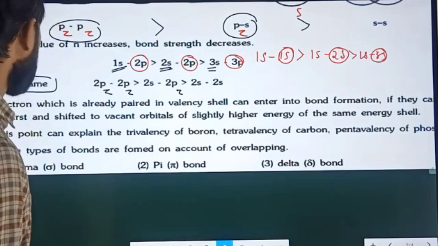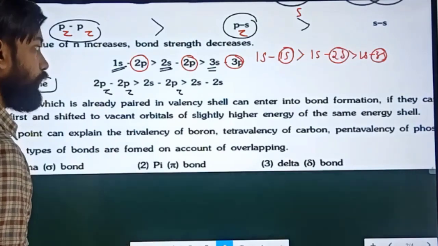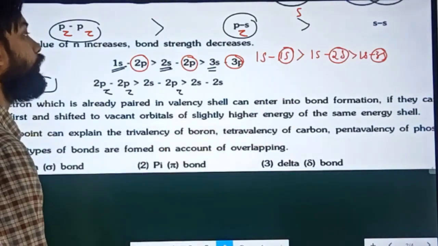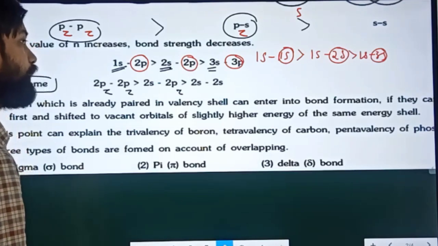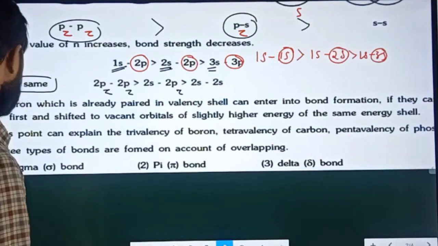Which means that if there is any paired electron, it can be excited to a higher orbital so that it can form a bond. That is exactly discussed in hybridization. We will discuss it using the structures.